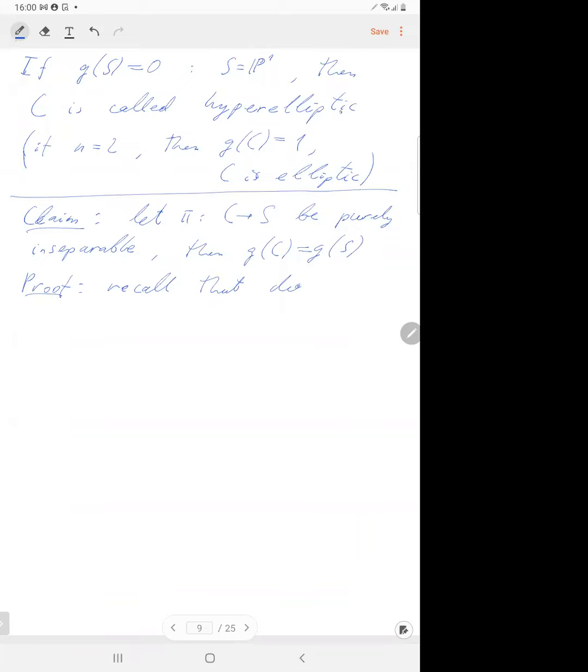Say the degree of pi is q. This q is the characteristic of our base field to some power n, and then this pi is necessarily the q-Frobenius, and it's essentially from S to itself, so they have the same genus.